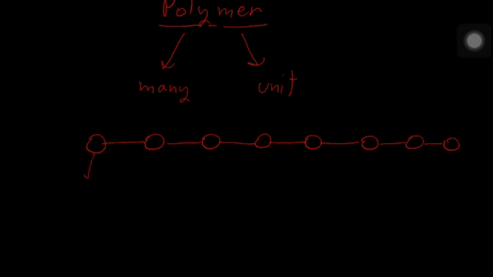We call each unit here a monomer. When they link together to be the macromolecule or the long chain, we call it a polymer. Again, polymer means many monomer units linked together.